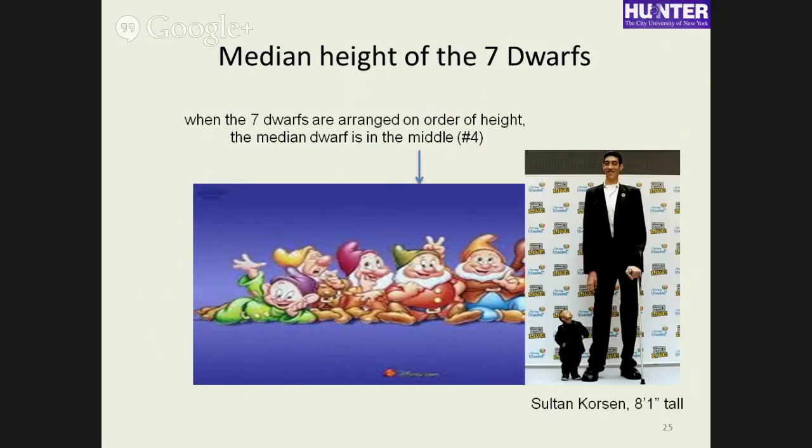The other thing to note is that if you replace the dwarf on the right with the tallest man in the world, the median doesn't change at all. So it's robust to outliers. It doesn't matter whether your largest observation is close to the second largest or completely off the charts. It doesn't change the median.